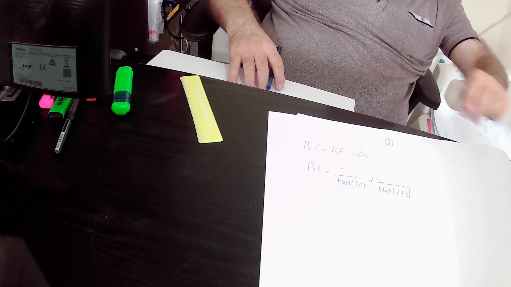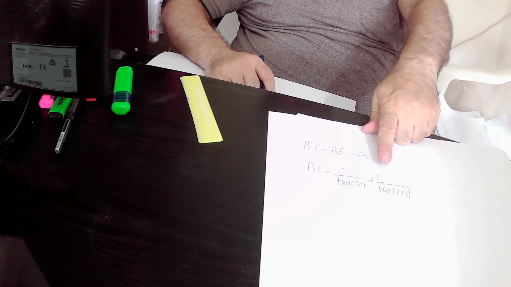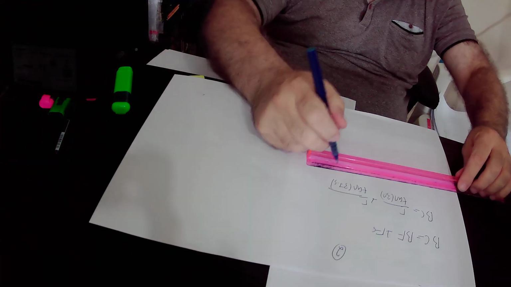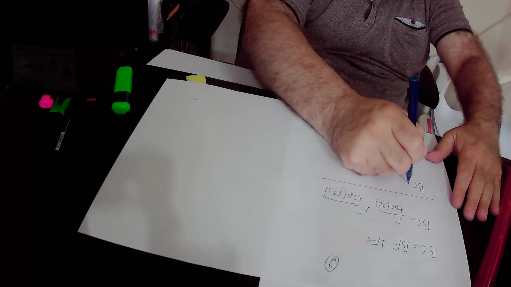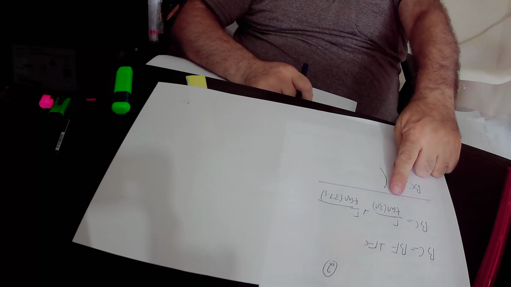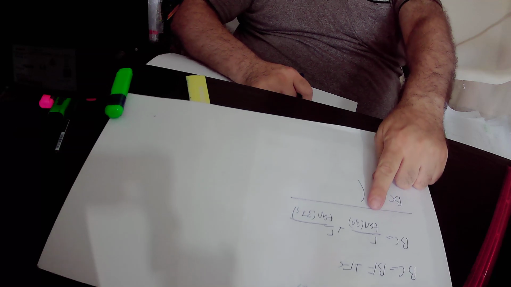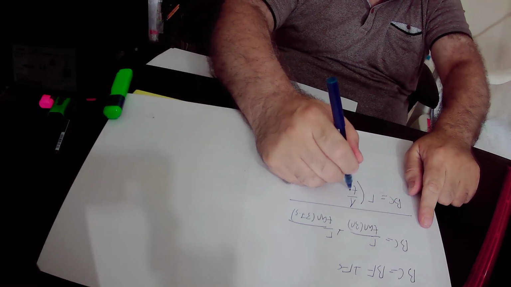Here we take out R as a common factor from those two expressions, and we'll get that BC is equal to R times, what is left from this expression after we took R as a common factor? It is actually 1 over tangent 30 degrees.